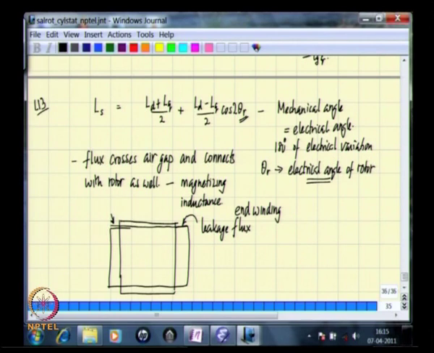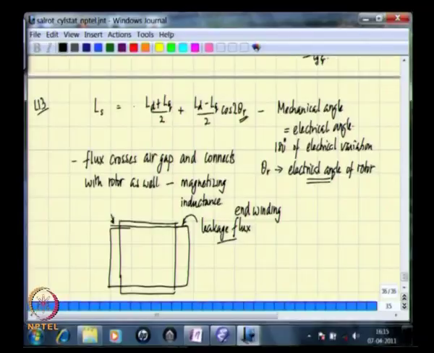There may be other forms of leakage flux that exist inside the machine, and since the leakage flux path is very difficult to determine, it is difficult to define an analytically derived expression for the leakage flux, and therefore, it is usual to add a leakage inductance to this expression, and therefore, the self inductance is essentially a leakage inductance plus what we have derived as the magnetizing inductance.